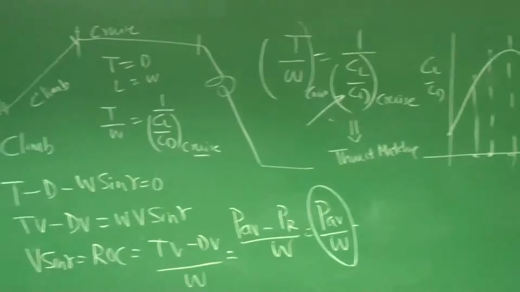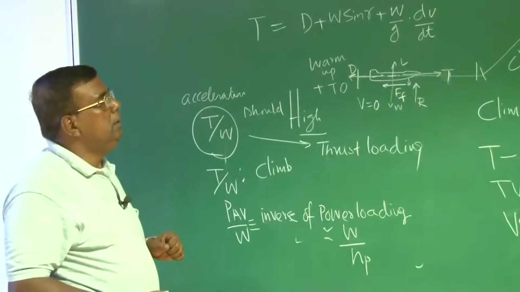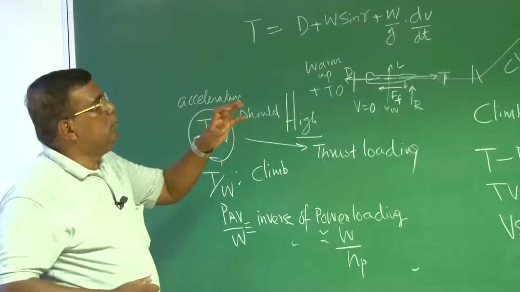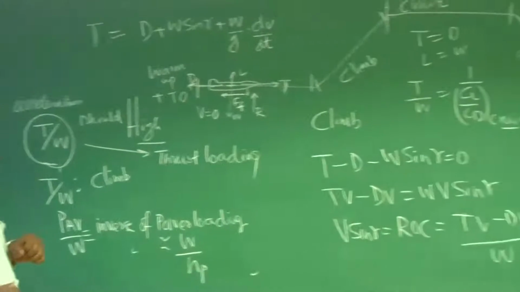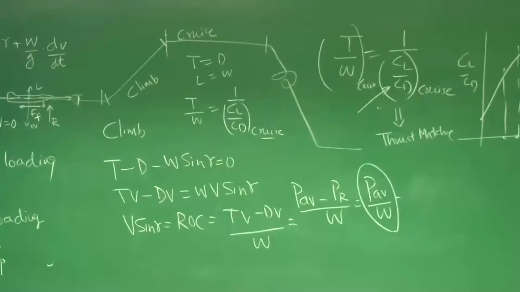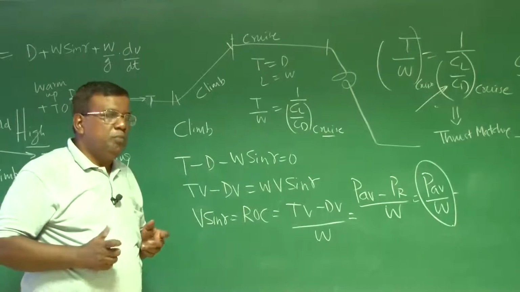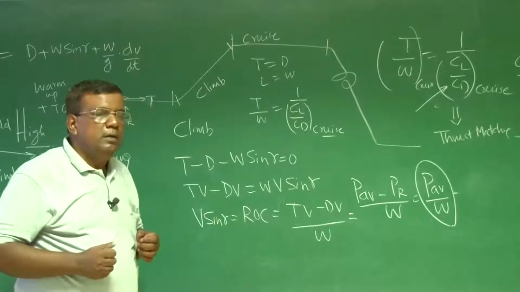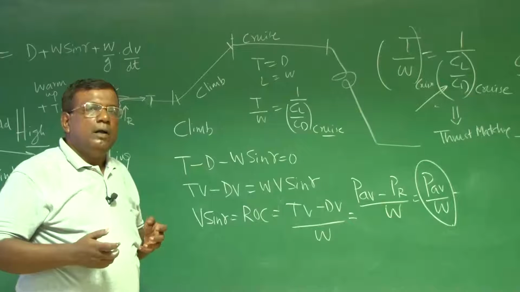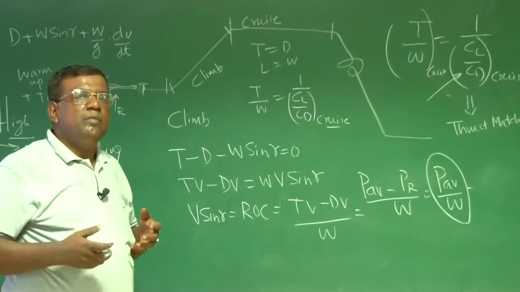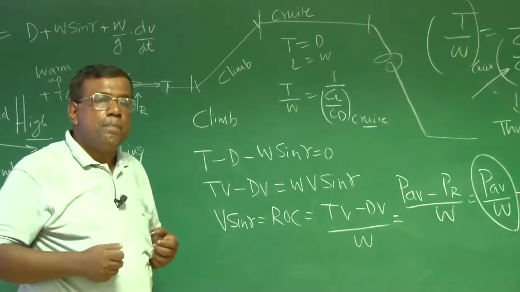We have been talking about T by W for cruise, for takeoff, for climb, but also you understand the moment we talk about thrust or power for that matter, we also ask a question: will this airplane be able to achieve the maximum speed?